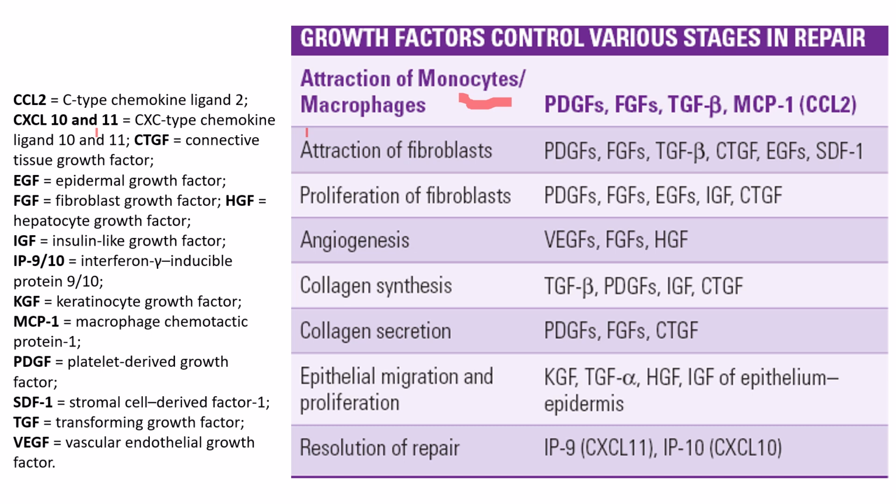Following this, there are many other specific chemoattractant or growth factors that are responsible for many processes, such as proliferation of the fibroblast, attraction of the fibroblast, angiogenesis, and others. For example, for the attraction of the fibroblast, the platelet-derived growth factor, fibroblast growth factor, transforming growth factor beta, connective tissue growth factor, epidermal growth factor, stromal cell derived growth factor 1 are responsible.